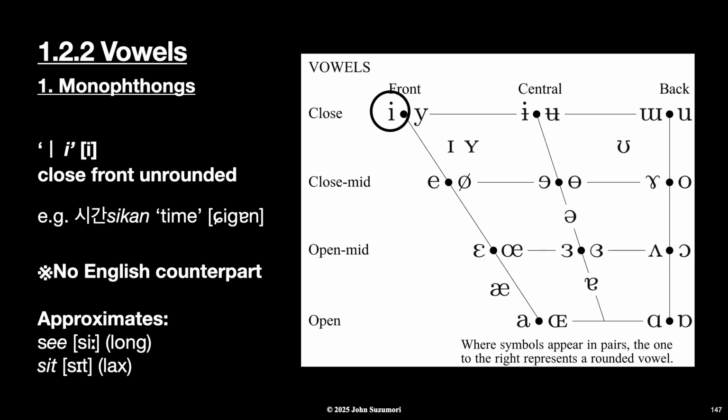There is no exact English counterpart, since English has only the long close front unrounded vowel as in the verb see, or the lax close front unrounded vowel as in the verb sit.